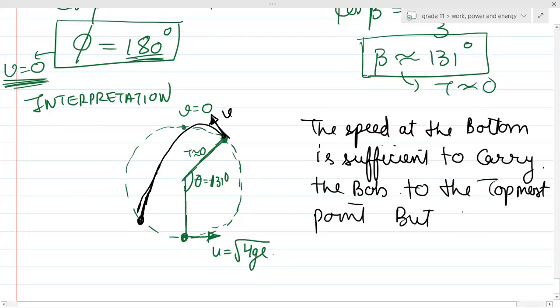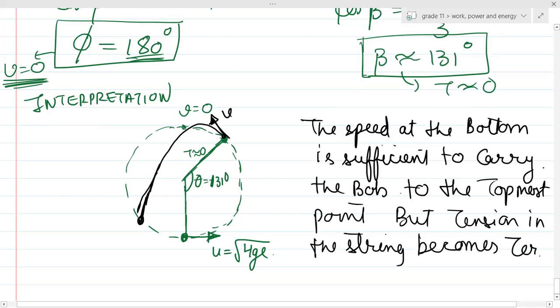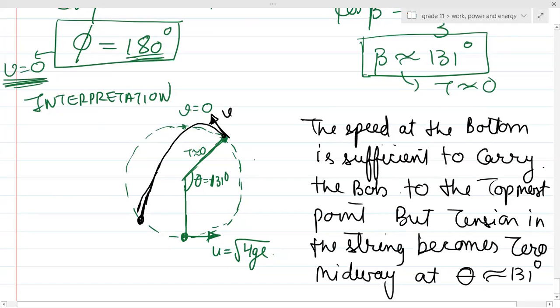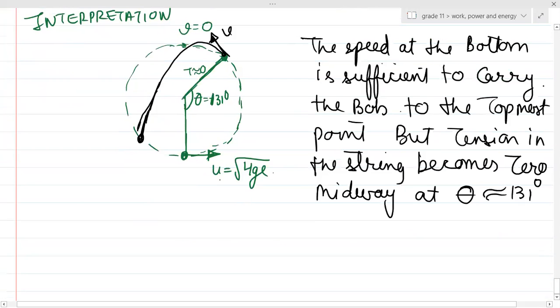But tension in the string becomes 0 midway, at theta approximately equal to 131 degrees. So basically at this particular point the tension in the string will become 0.